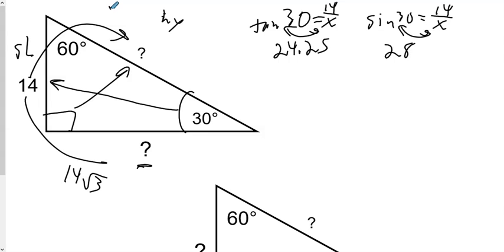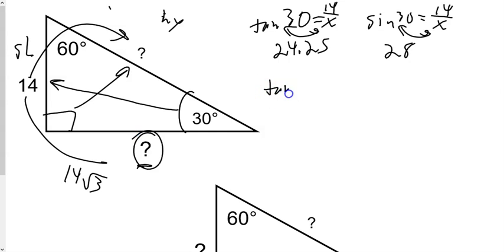Now, this is a little extra, but we could also do it with 60. Okay? If we wanted to use a 60-degree angle, we could have set up 2 there. So if we wanted to use the 14, and we wanted to find this down here, okay, 14 is adjacent, and the question mark is opposite.